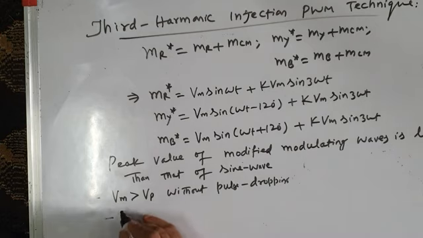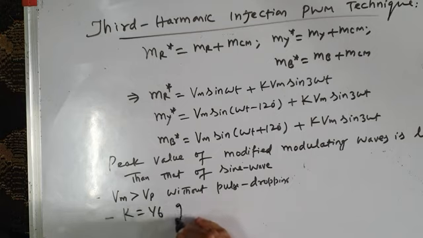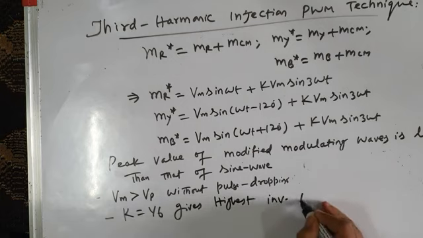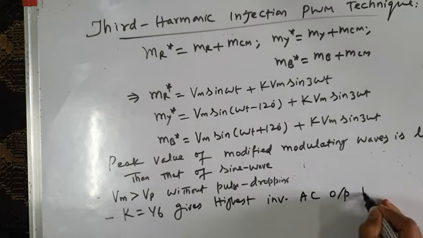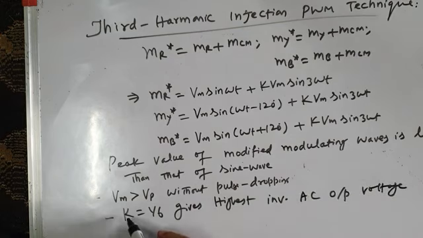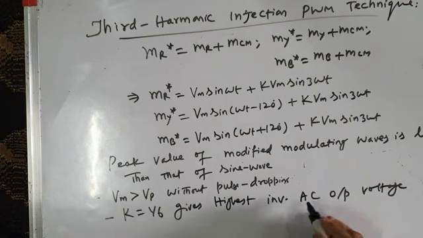Another point we found is that k equal to 1/6, the optimum value of k, gives the highest inverter AC output voltage.